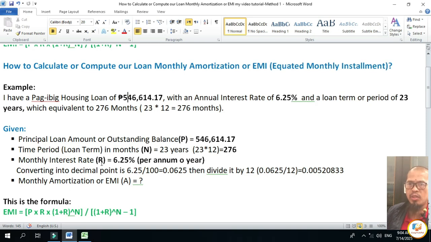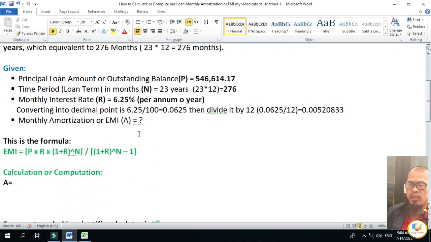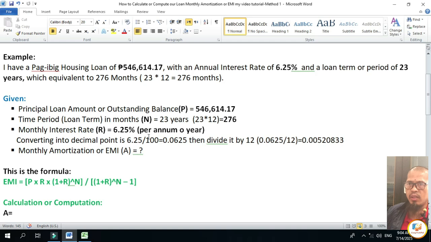The interest rate, which is R, is 6.25%, per annum or per year, and the monthly amortization is the question. So we have to find the answer. Let's get started on how to compute this particular example.